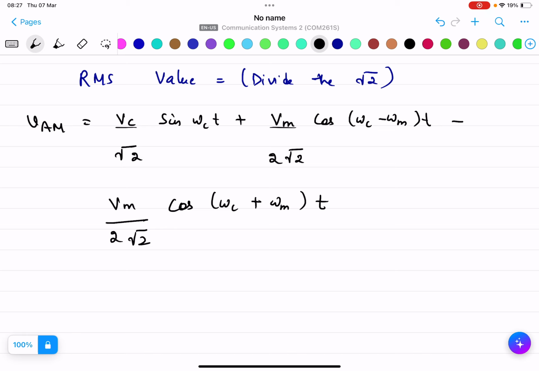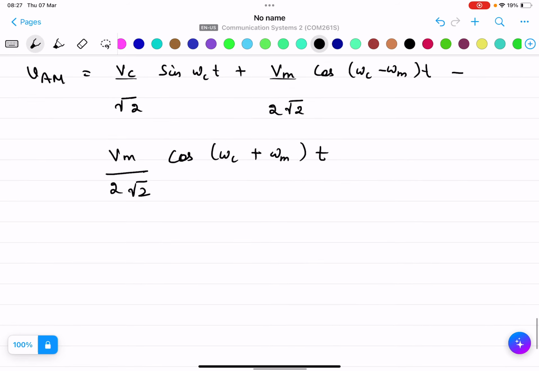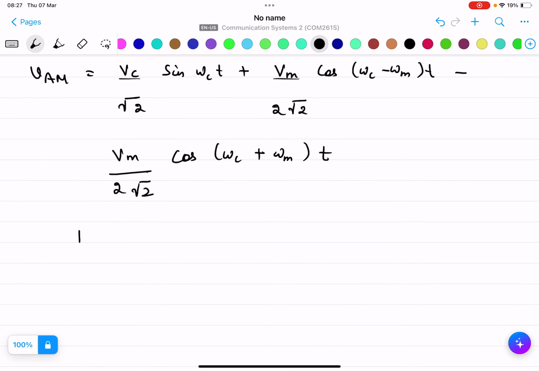And we all know what is power. Power equals to V square by R. So we will be talking about only the coefficients. So total power will be Vc by root 2 square.